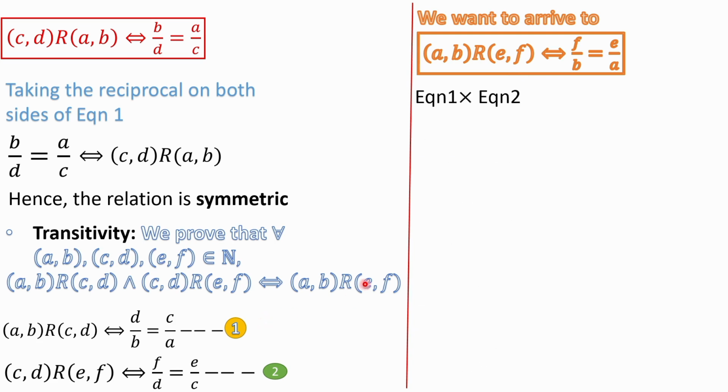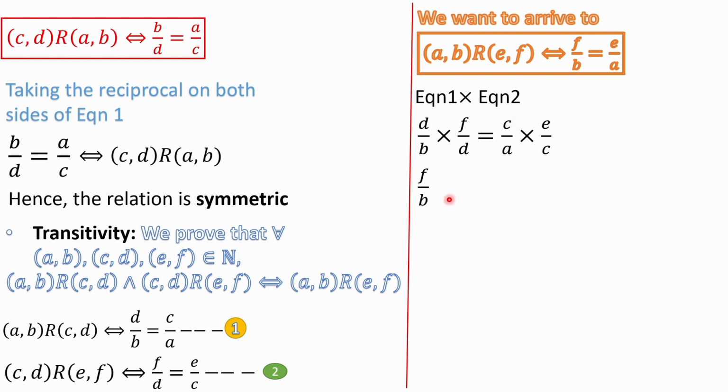So if I multiply equation 1 by equation 2, I get d/b times f/d equals c/a times e/c. We realize that d will cancel d and c will cancel c.